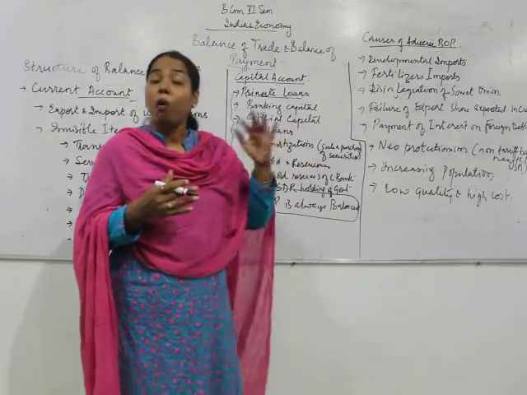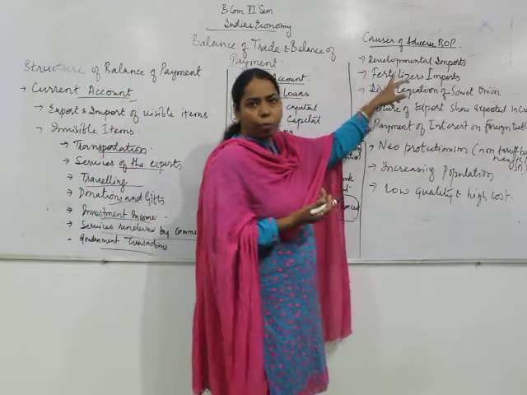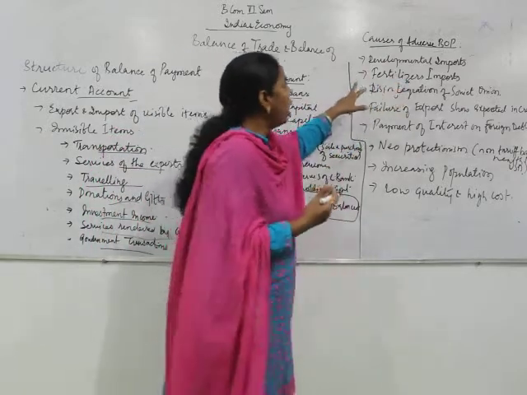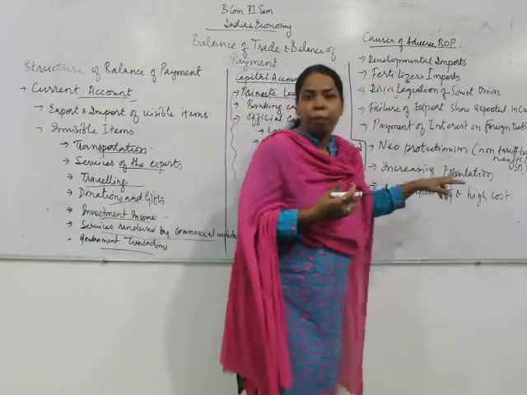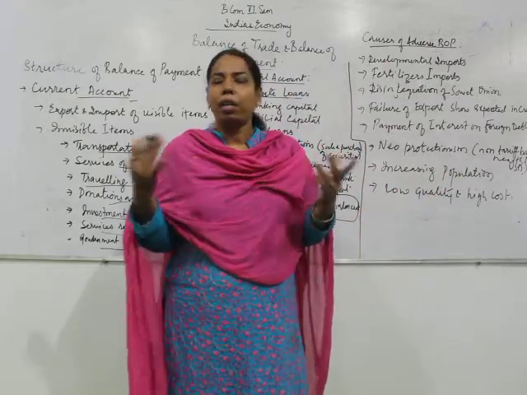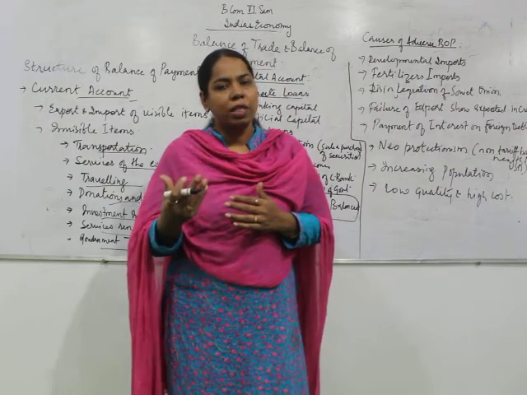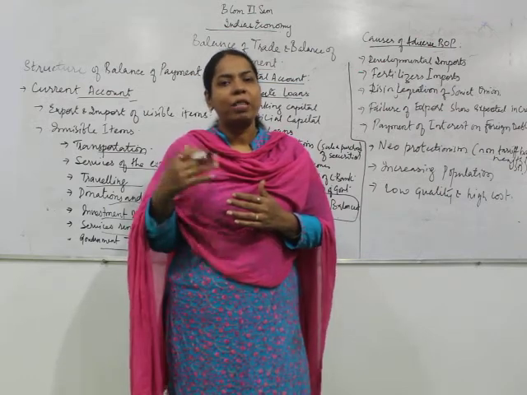So what are the causes of the adverse balance of payment? The first one is the developmental imports, which we had discussed earlier. The second one is the fertilizer imports. After independence, the different 5-year plans were implemented.